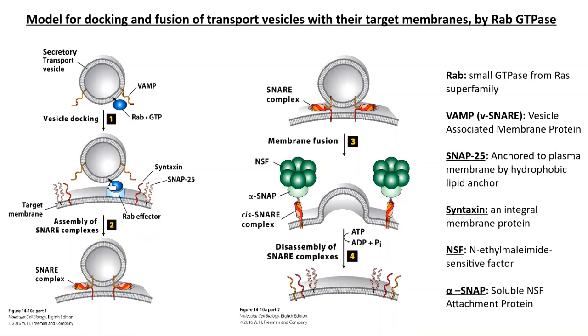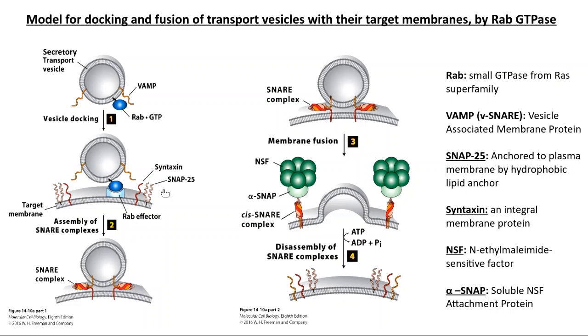The RAB effector molecule basically recognizes and binds RAB-GTP. And on the target membrane, we have T-SNAREs. In this particular example, they are called SNAP25, two of them, and another one called syntaxin. All of these are T-SNAREs or target SNARE proteins.